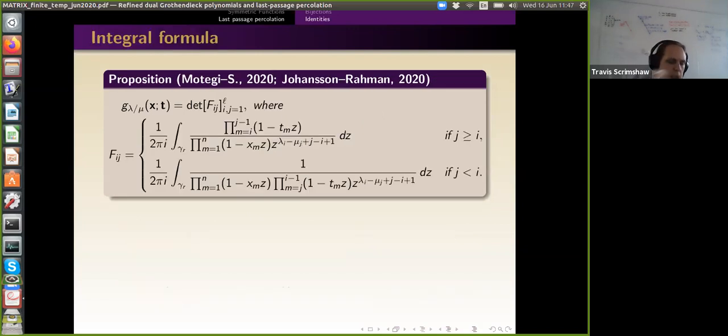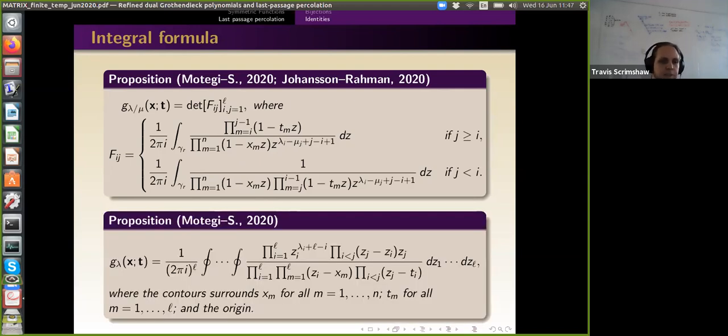And then from our techniques and following Johansson's work, we were able to just refine it. And again, simultaneously with Johansson and Raman, we're able to get these determinantal integral formulas for the refined dual Grothendieck polynomials.